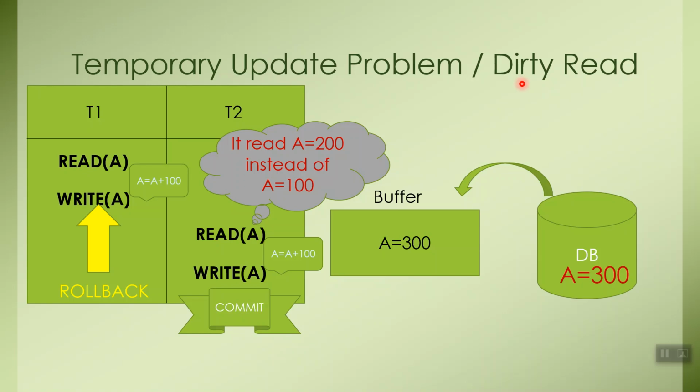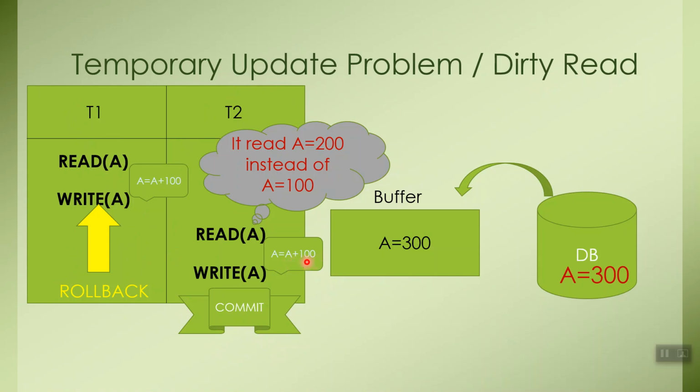That means now according to the database, this T1 doesn't exist at all. The only one that exists is the T2 transaction. So T2 is incrementing A's value only by 100.